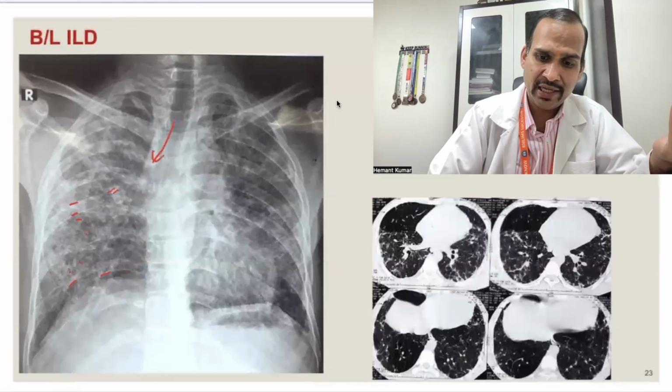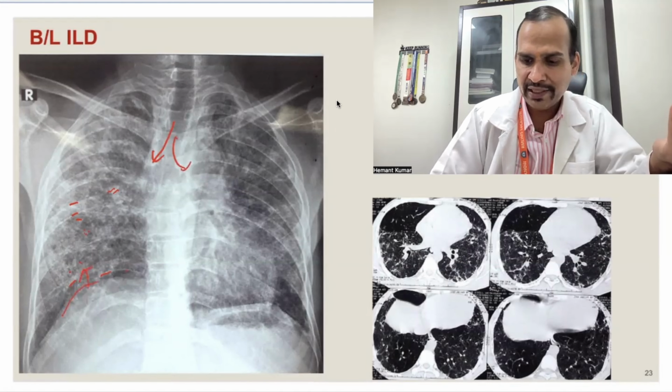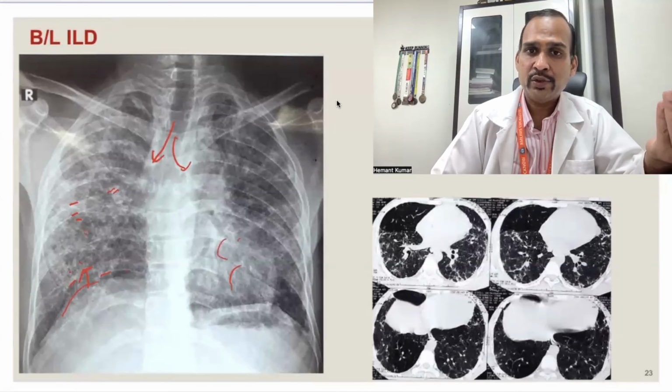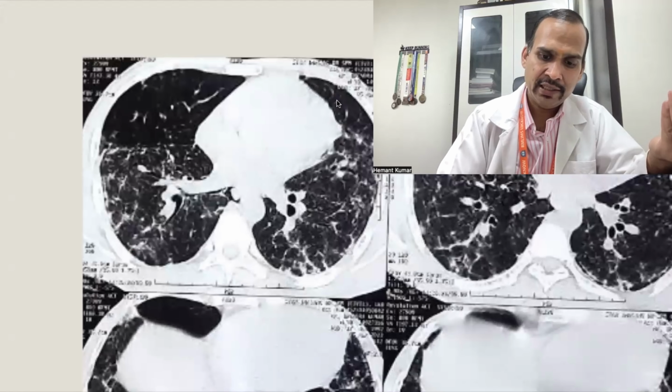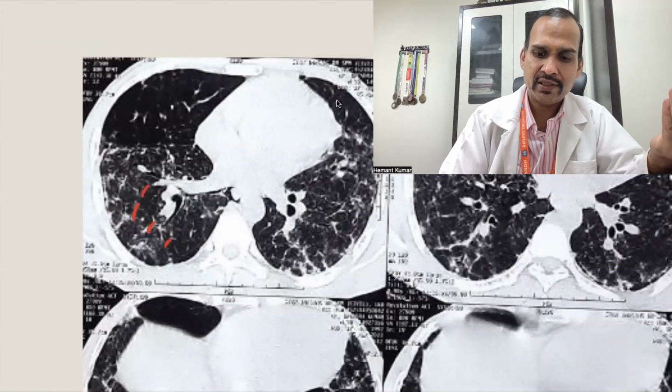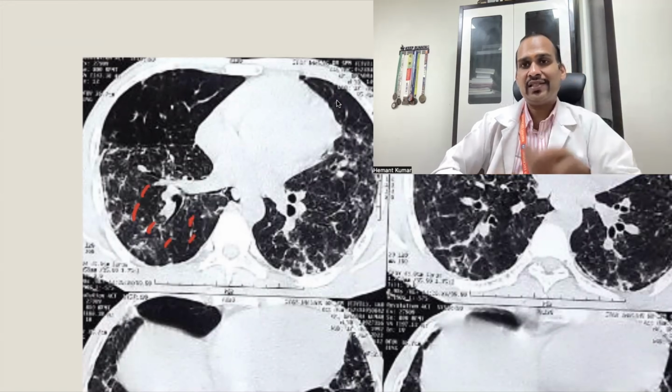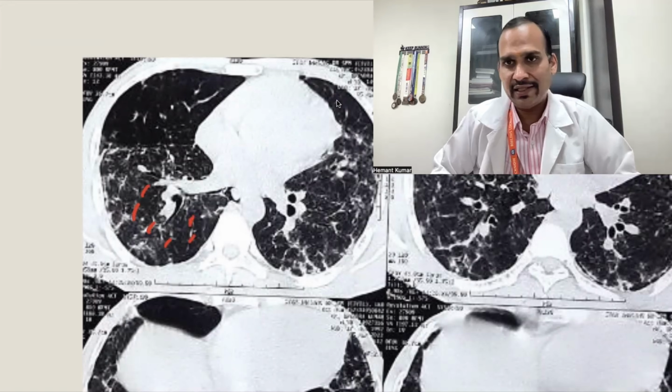Trachea is going this side, then coming this side. Diaphragm is tenting upper side. There are many nodules, reticular pattern. If you do a CT scan, you can find a lot of nodular pattern. So this is a case of interstitial lung disease.